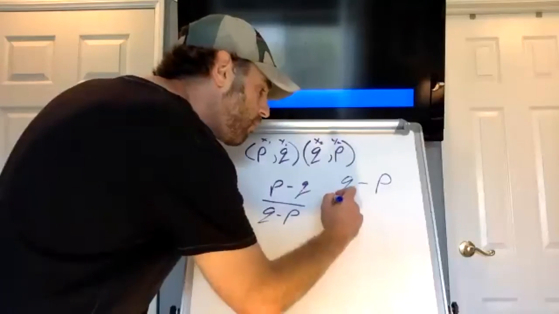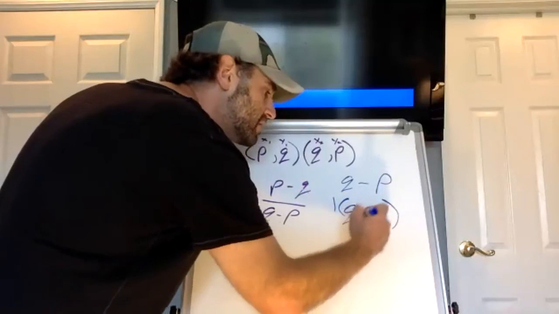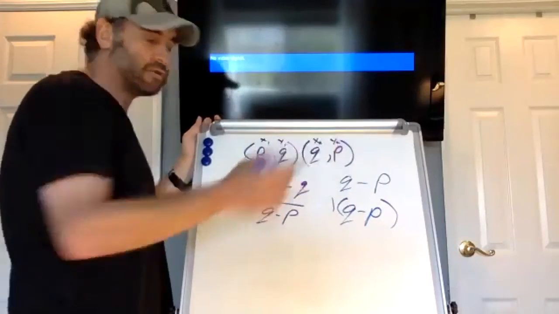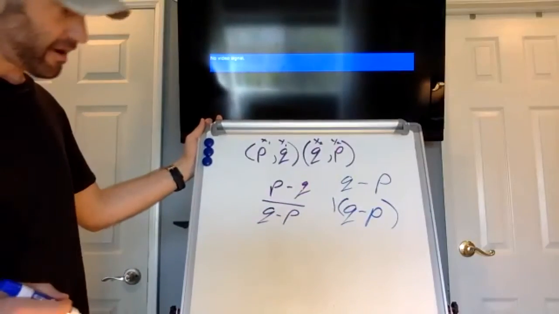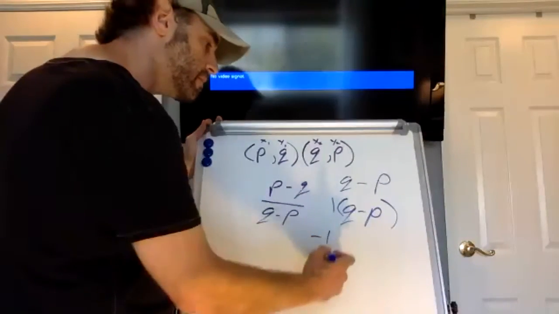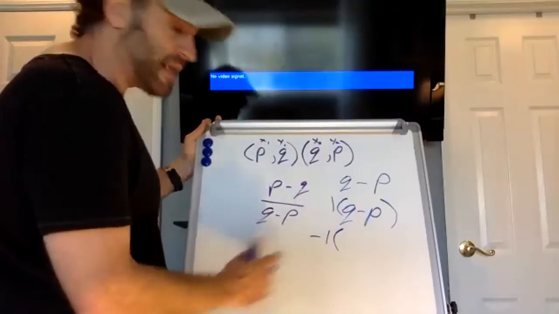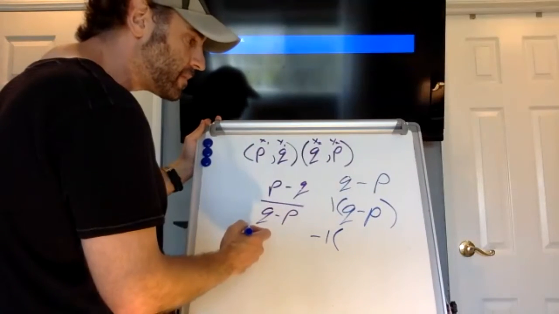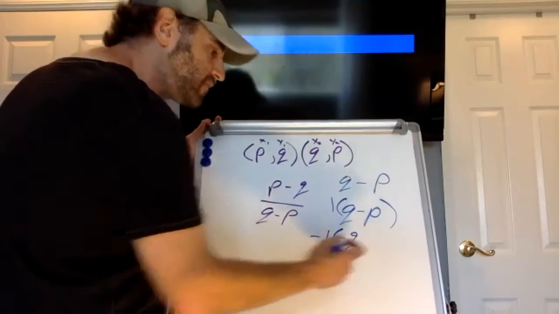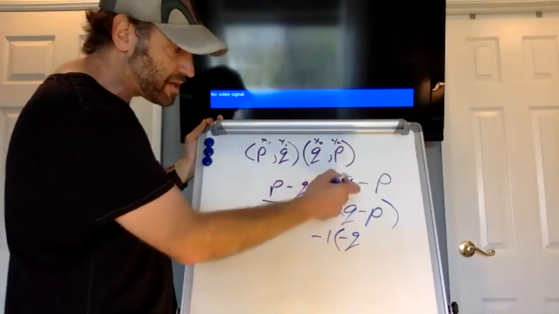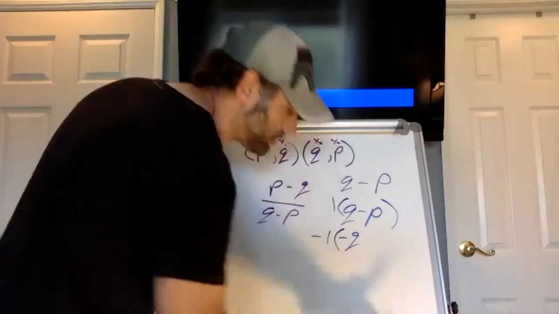So if I pull out a 1, is this still the same as how I started? 1 times q minus p, is it still q minus p? Yes. Okay. What if I pull out a -1? -1 times what gives me positive q? Negative q. Let me just check on this. -1 times negative q is positive q, correct?